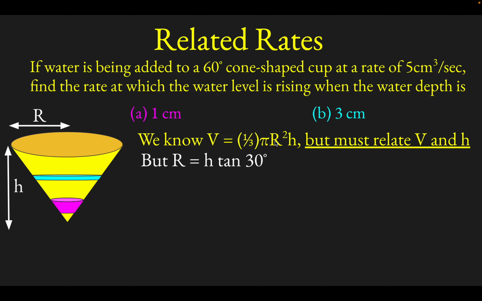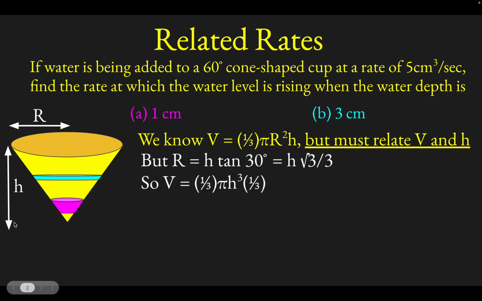Well, so then we just need to substitute that in there. Tangent 30, as it turns out, is root 3 over 3 or 1 over root 3. And then we just need to square that, h root 3 over 3, and shove it in for r squared. And so when the smoke clears, you get this expression for the volume of the cone purely in terms of how high the water level is. It would be 1/3 pi.